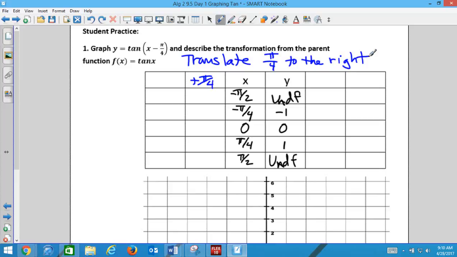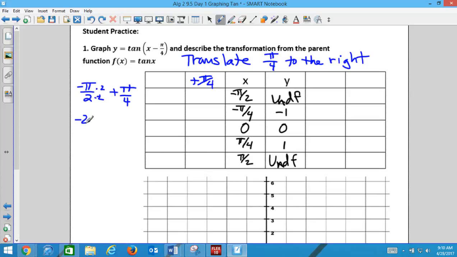Before you draw those first asymptotes, I've given you one that you really do kind of have to think about adding fractions possibly. So we have to start at negative pi over 2 and add pi over 4. That means I'm going to have to multiply this negative pi over 2 by 2 over 2 to give a common denominator of 4.